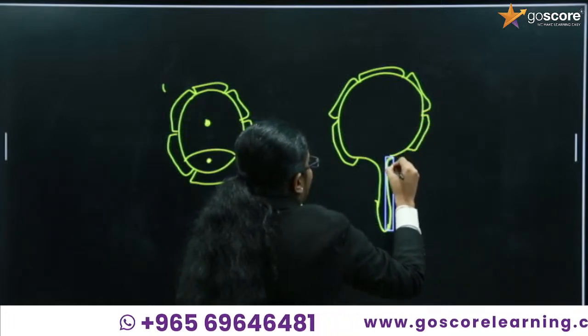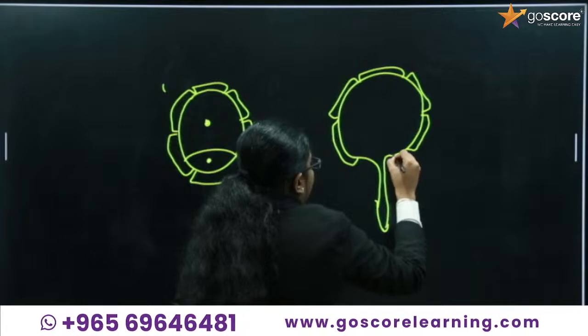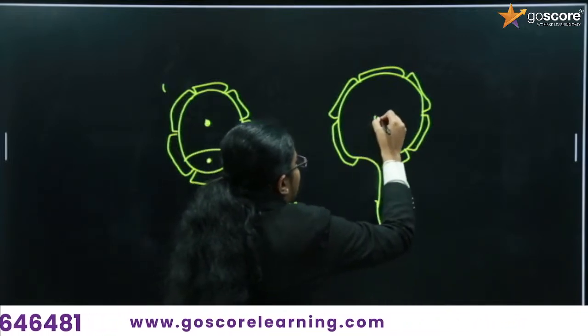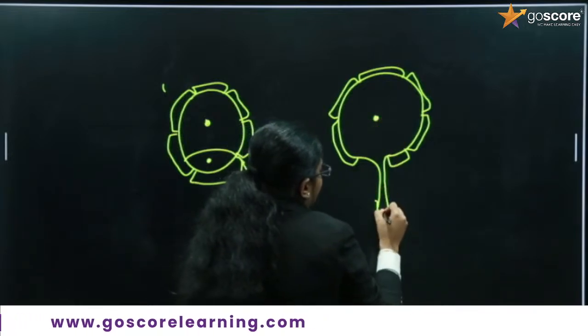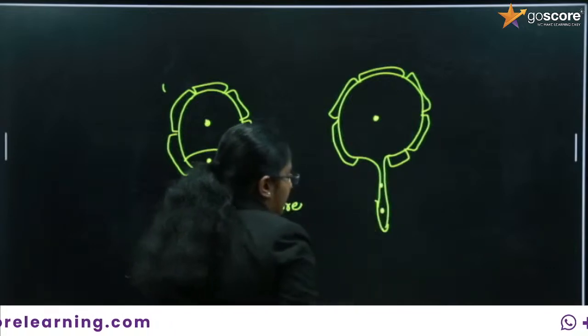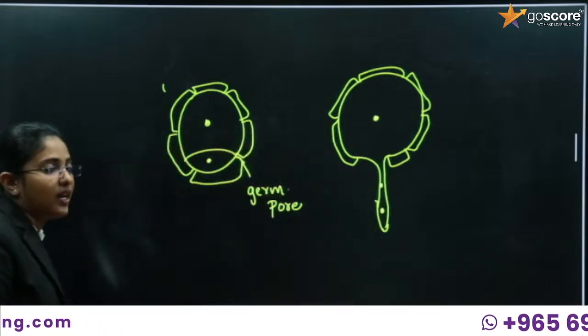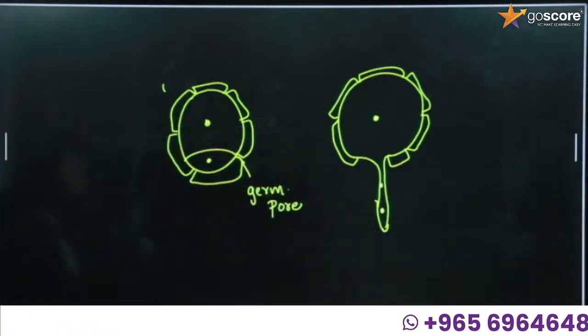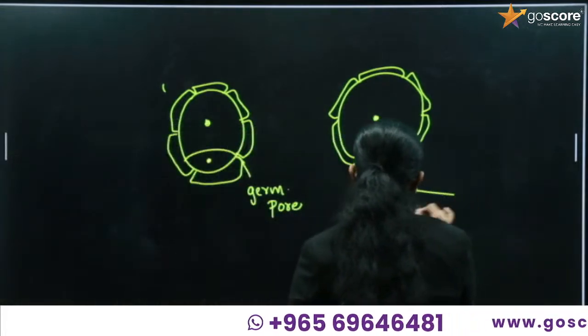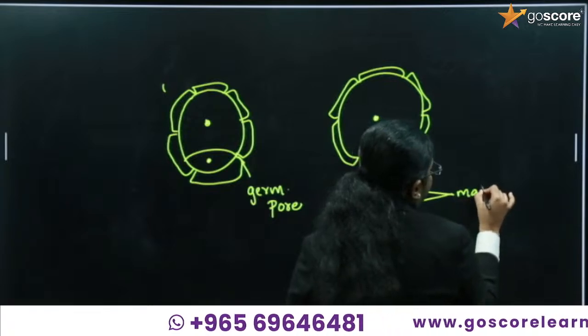And inside the pollen tube, what is present? The generative cell, which has two male nuclei. These two nuclei will act as the male gametes.